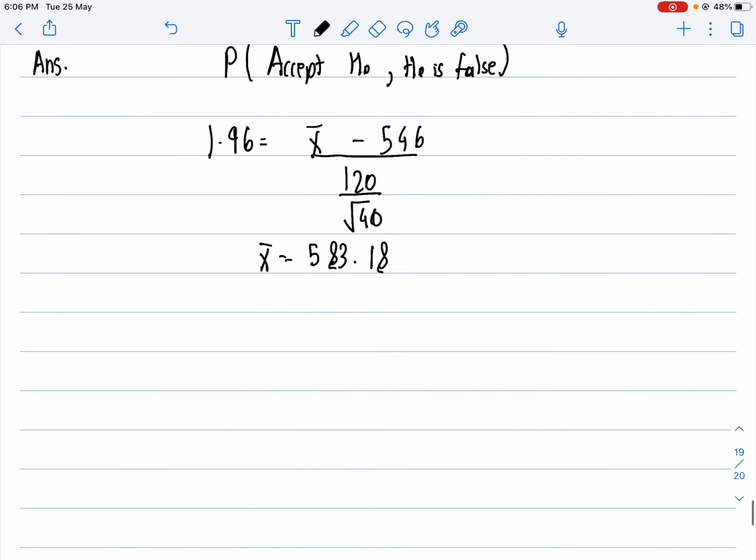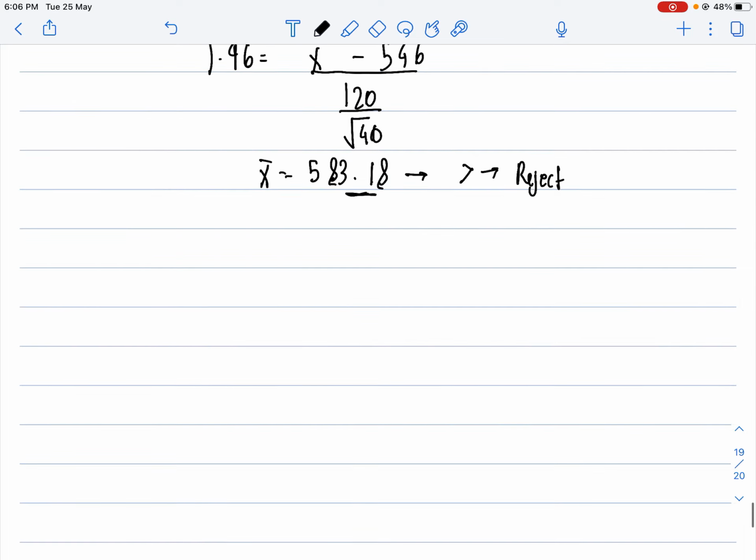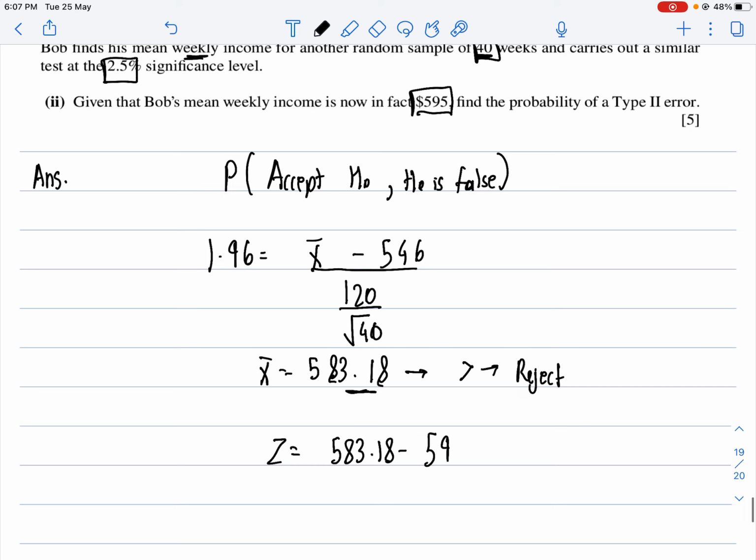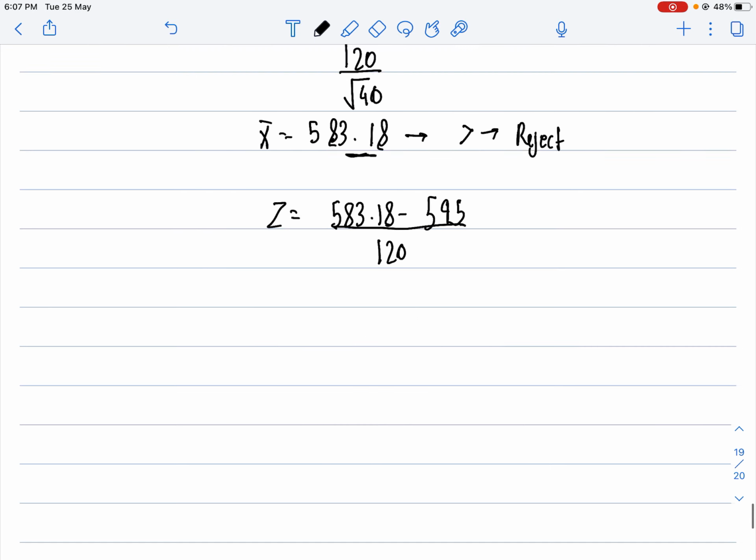Now, I know more than this value is the region of rejection. So acceptance will be less than this value. So we know our z value equals 583.18 minus the new mean, which is 595, over 120 over root 40.